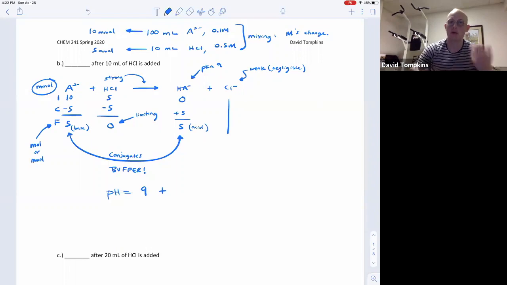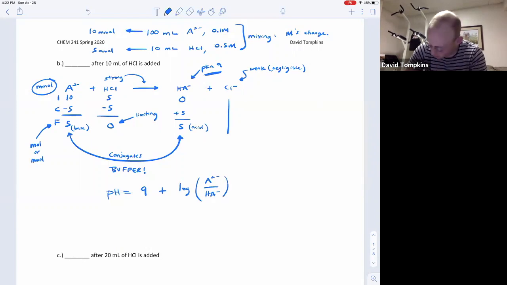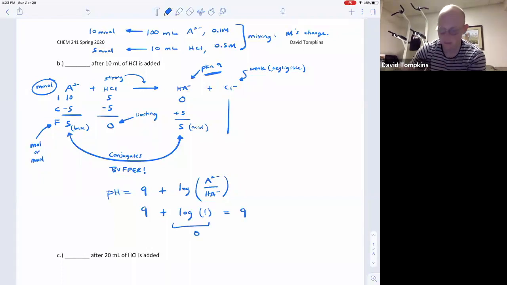You always do the pKa of the acid plus the log of the deprotonated form over the protonated form. And here it's just 9 plus the log of 1. The log of 1 is 0, and so the pH is exactly 9. And so this is the half equivalence point.